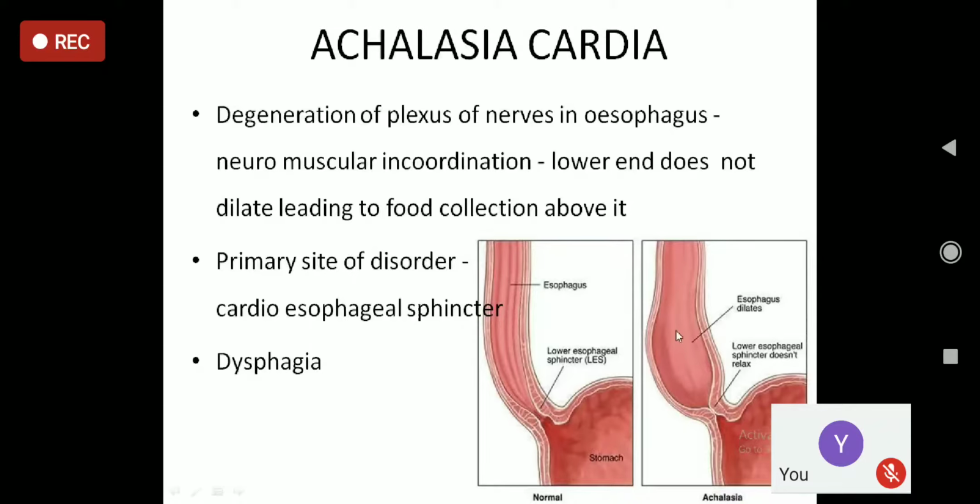While passing food it has to relax, but in achalasia cardia it fails to relax, and the food accumulates in the upper part of this segment. This leads to dysphagia and other clinical conditions. So this is about achalasia cardia.